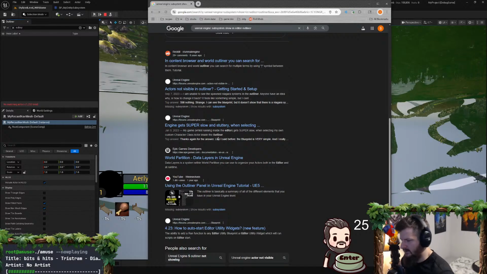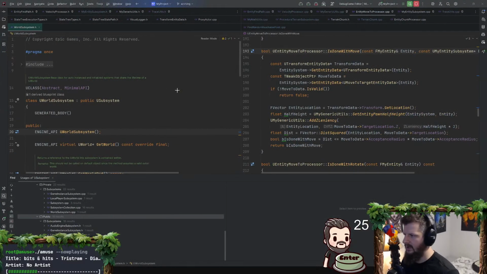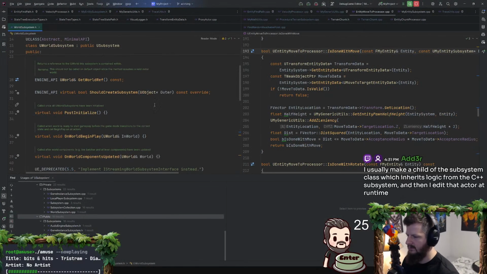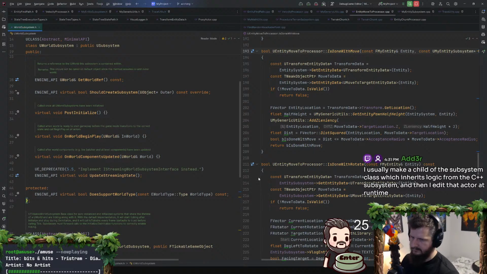Okay, yeah, I guess I could just add the allow list and deny list on an actor and then fetch that actor. I usually make a child of the subsystem class, which inherits logic from the C++ subsystem.